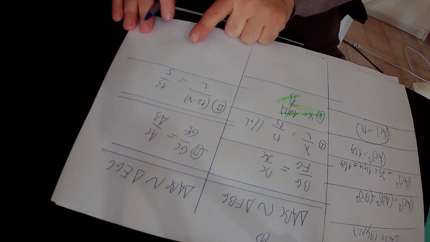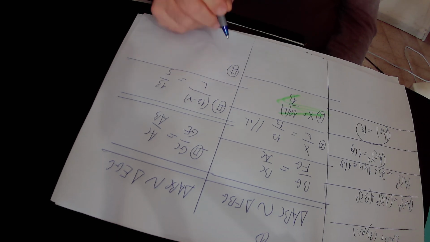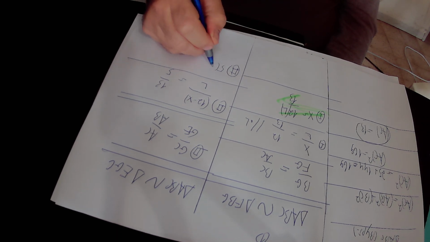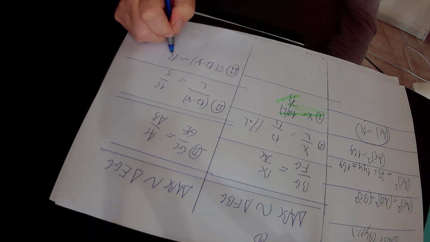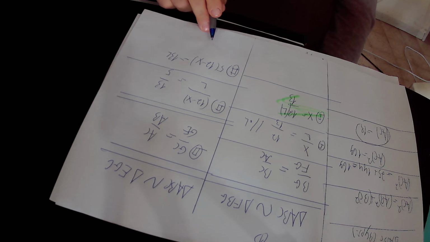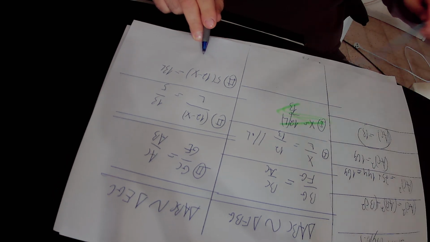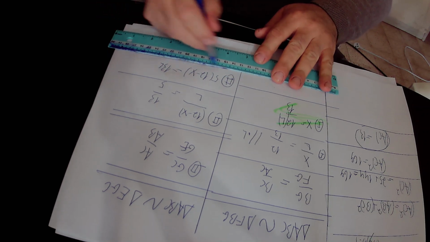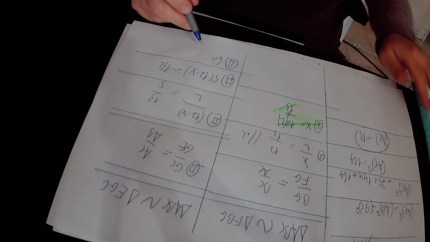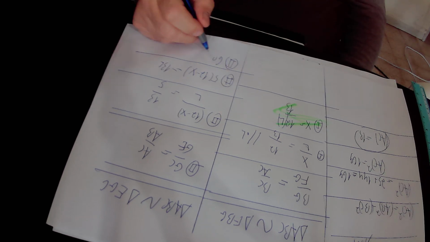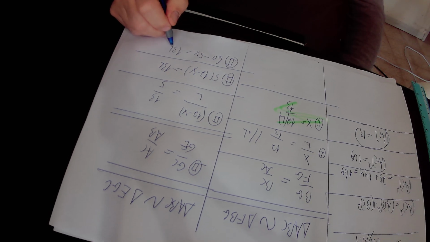Here we cross multiply equation 2, and we get that according to equation 2, 5 times 12 minus x equals 13L. Here we open the brackets on this side of equation 2, and we get that 5 times 12 is 60, 5 times minus x equals minus 5x, and it equals 13L.